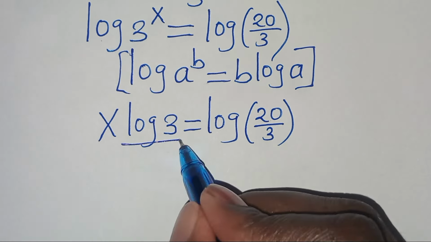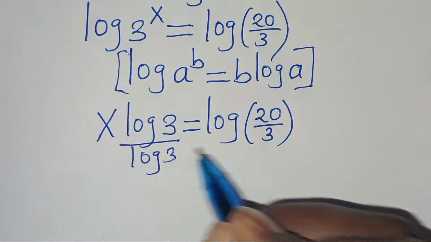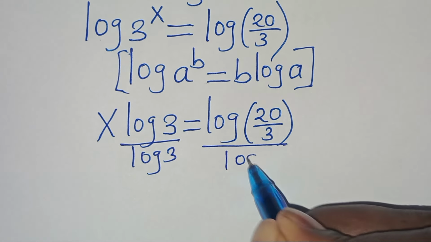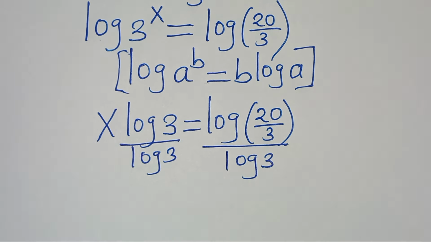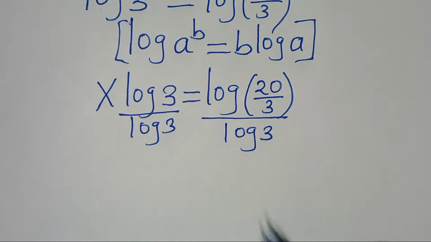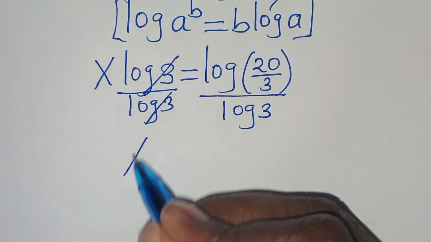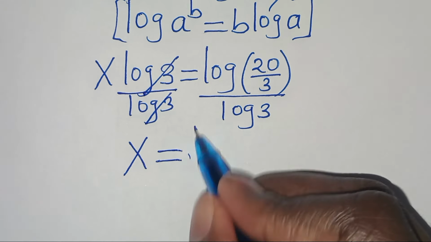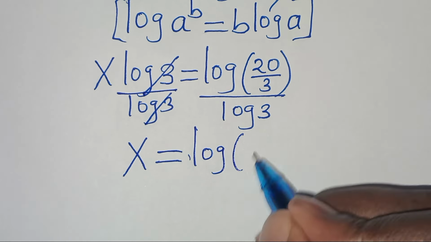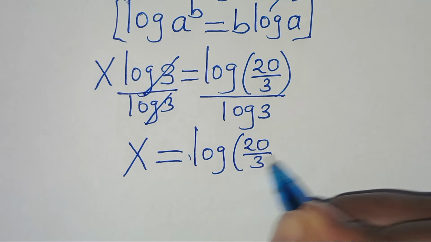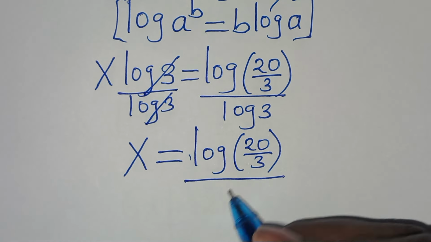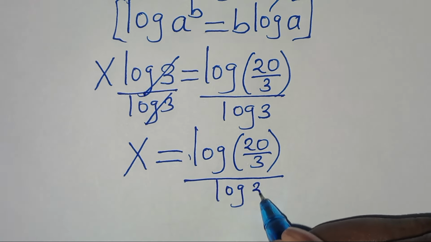So let's divide both sides by log 3. We can simplify log 3 and log 3, so that now x is equal to log 20 over 3, then everything divided by log 3.